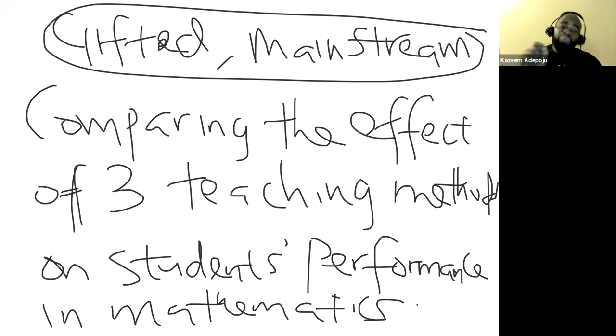But if you take into consideration that the nature of students is not the same, some are gifted, some are mainstream, then you are incorporating covariates into the analysis of variance model. Incorporating covariates into an analysis of variance model becomes analysis of covariance. Are you guys hearing me?